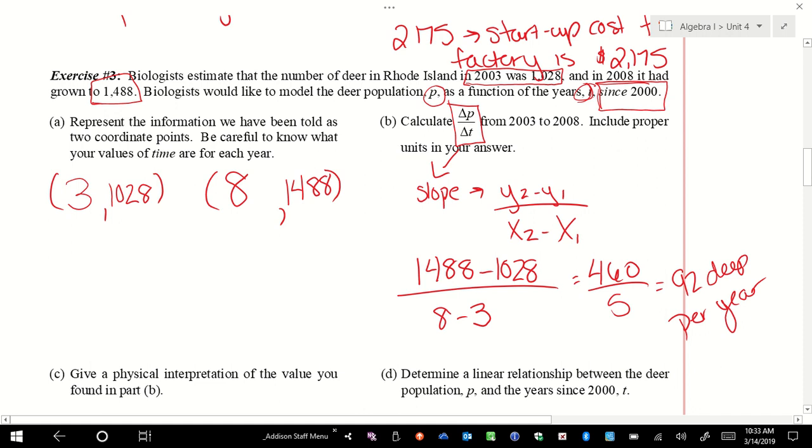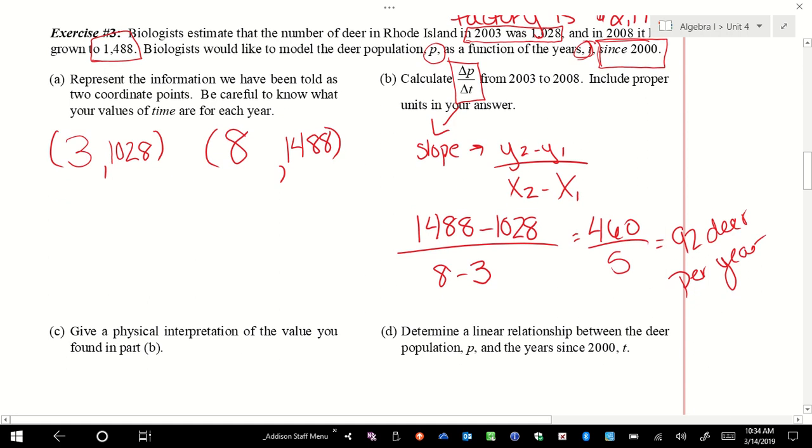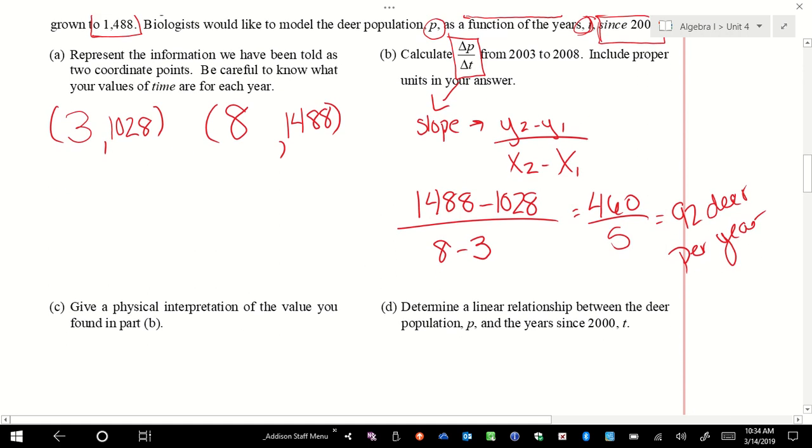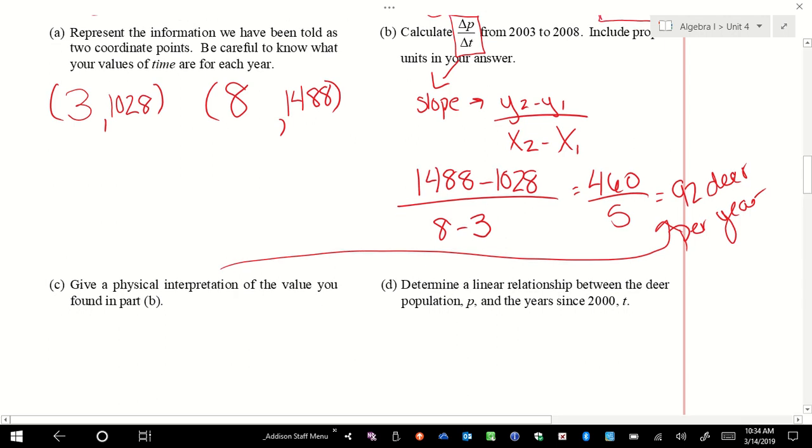Maybe I should write that better. Deer. There we go. Now they said, okay, tell me what physical interpretation, in words, this means. What does it mean in regards to the population and years? Think about it, write something down.